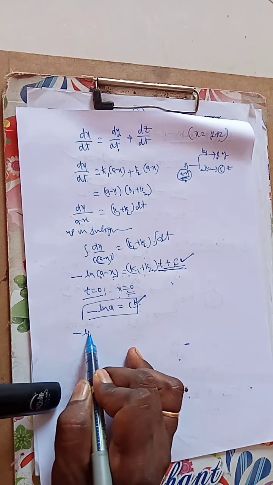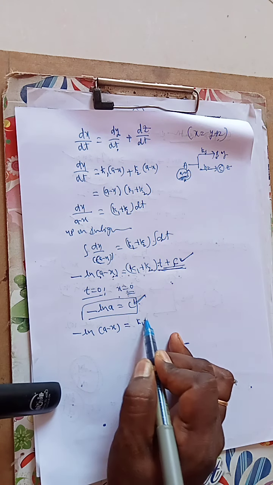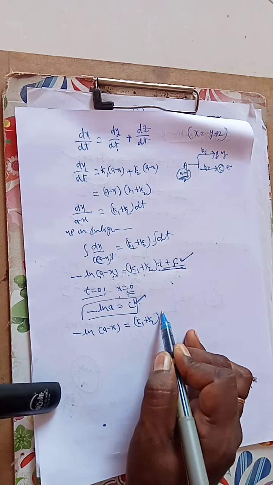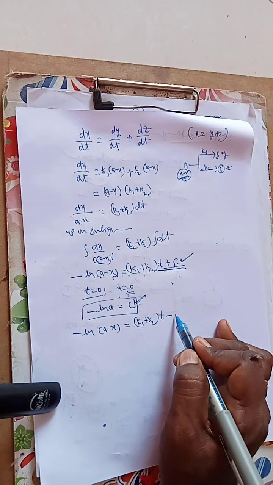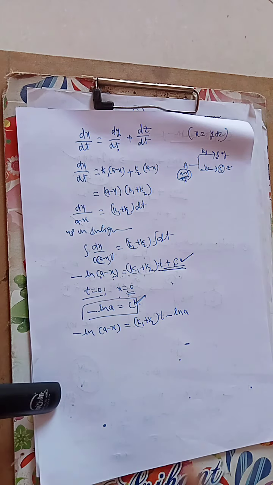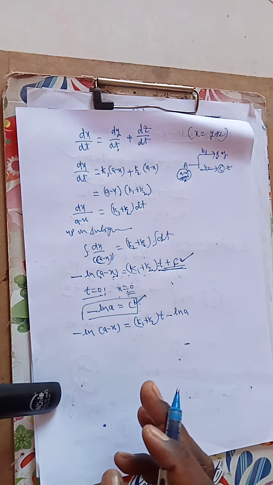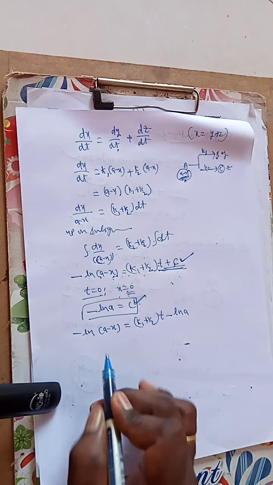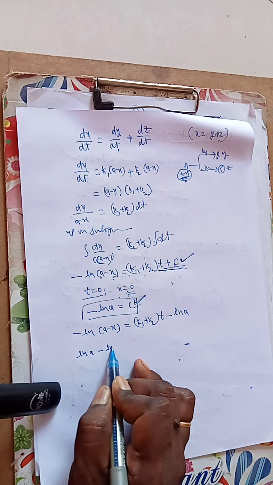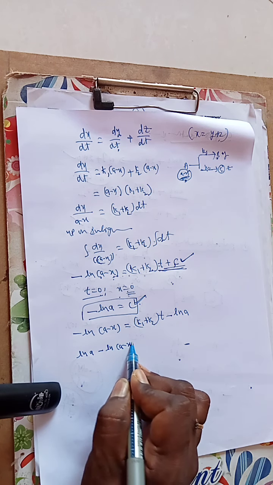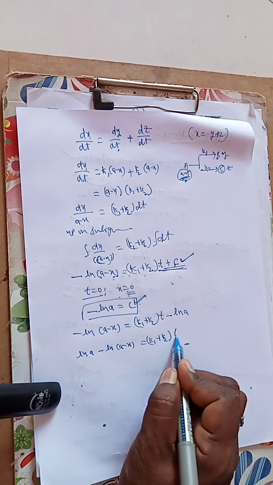We have the C value. Substitute the C value in this equation. What's happened? Minus ln(a minus x) is equal to (k1 plus k2) t minus ln a. Here minus is there, so writing it on the left side: plus ln a minus ln(a minus x) is equal to (k1 plus k2) into t.